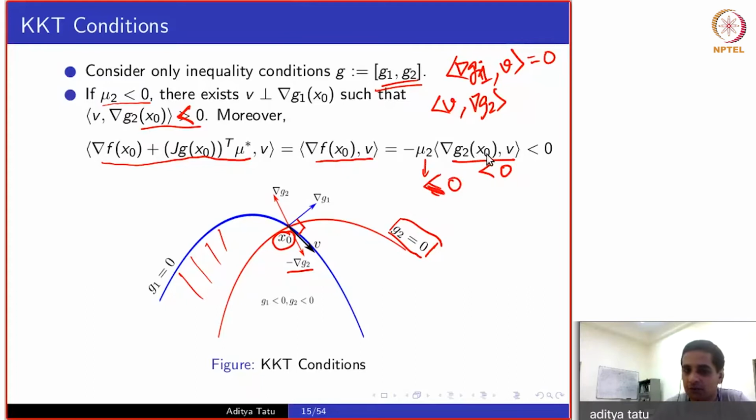This into this becomes positive, right? And then there is a negative sign here. So this becomes less than 0. How does that matter?